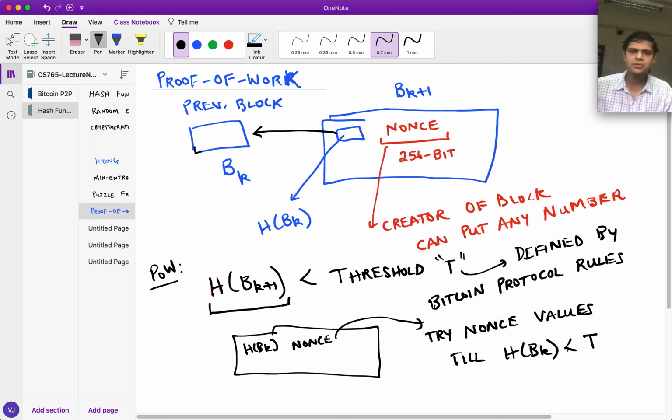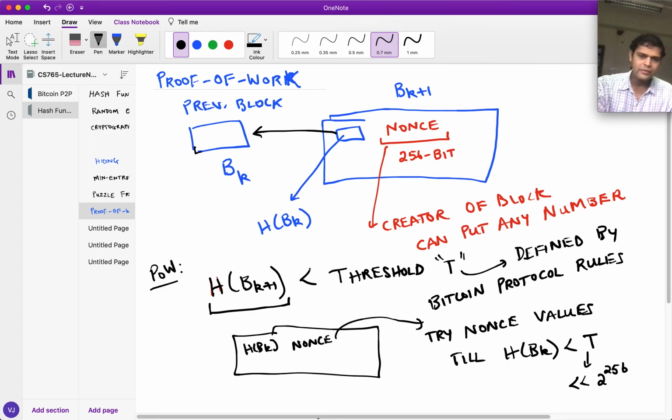So this threshold is chosen to be much smaller than 2 to the power of 256. Okay. So it's not easy to find this hash value. People try millions, trillions of different nonce values until somebody finds a nonce value such that the hash value is less than the threshold. And because we assume that this hash function is well designed, it has the puzzle friendly property.